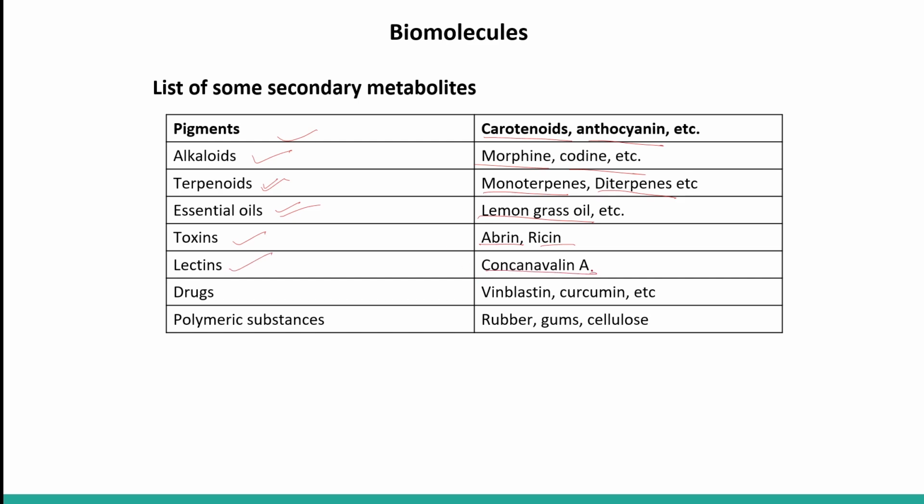Lectins, concanavalin A, very important. Many times a question has been asked on this. Drugs, vinblastine and curcumin. These are the two drugs as secondary metabolites. And polymeric substances, like rubber, gums and cellulose. So this is a list of secondary metabolites found in plants and animals.